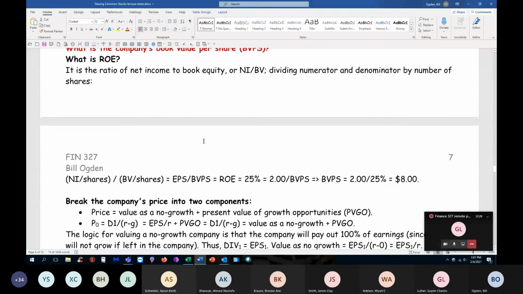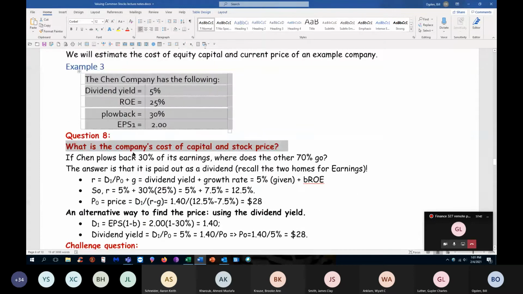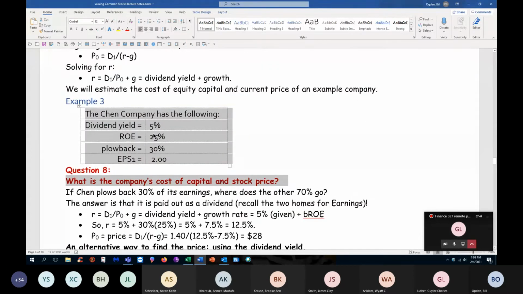And another little question is, what's the book value per share? That's something, again, if we were face to face, I would just say, find the book value per share for me. Well, here's how you do it. Go back to what you know. You're earning 25% on some book equity, which results in earnings of $2.